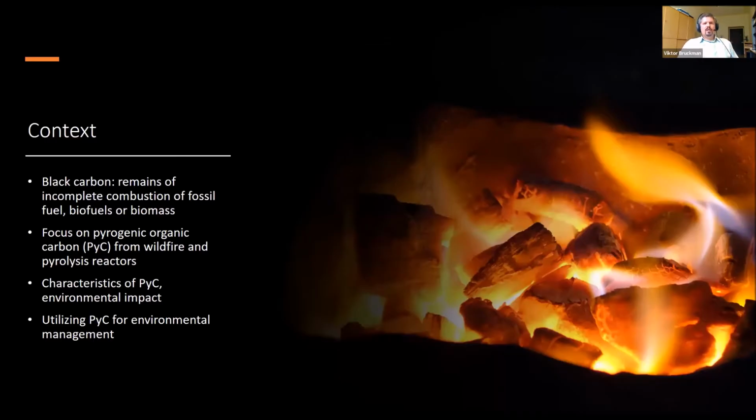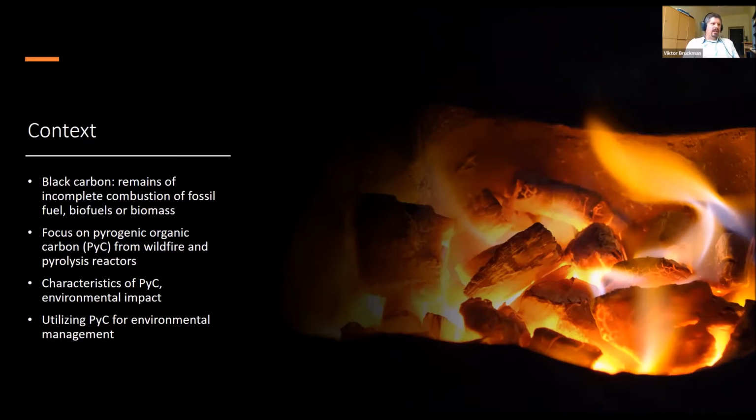I will give you brief information about the context of today's talk, because I'm not explicitly talking about black carbon, which you might hear about. Black carbon is defined as remains of incomplete combustion of fossil fuel or any organic material, such as biofuels and biomass.